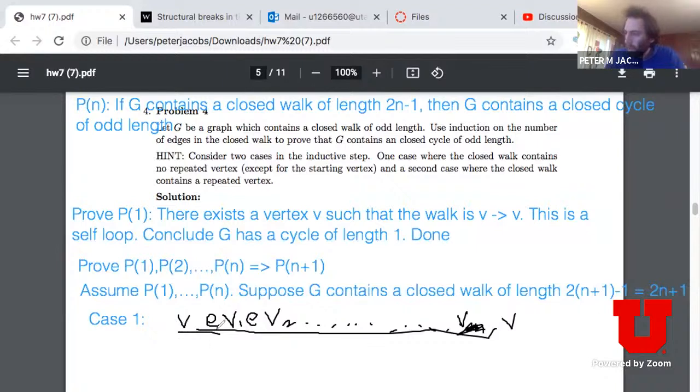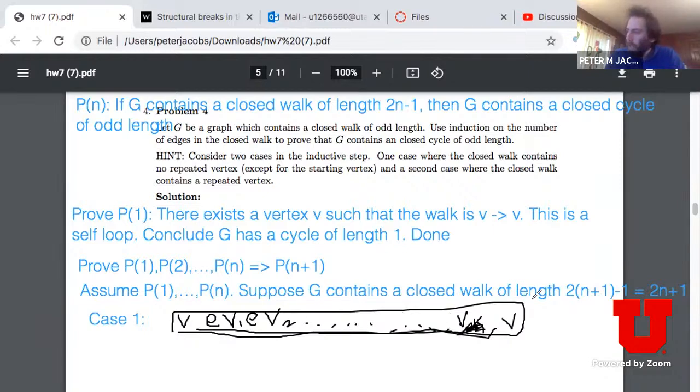And we know that the total number of edges in this, let's just call this Vk, the number of vertices here is, we're not repeating the vertices. We'll specify k later. That doesn't actually matter for the proof. What does matter is showing that because we don't have a repeated vertex, this is an odd length cycle.